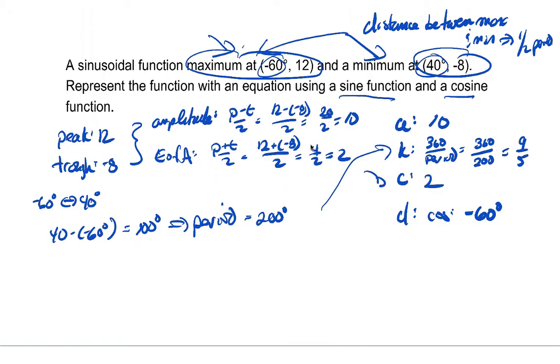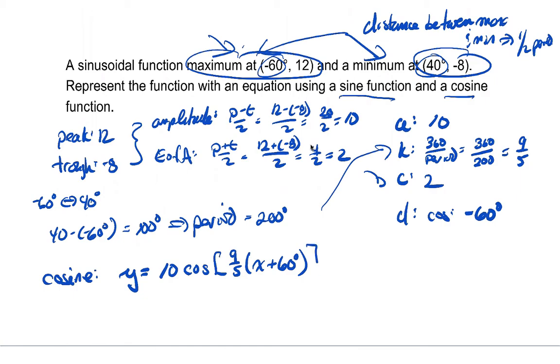So our equation for cosine is y is equal to 10, that's my amplitude, or A, times the cos. My K value here is 9 over 5. In this case, my phase shift is 60 degrees to the left, so x minus negative 60 is going to give me a positive 60 degrees. Plus 2.